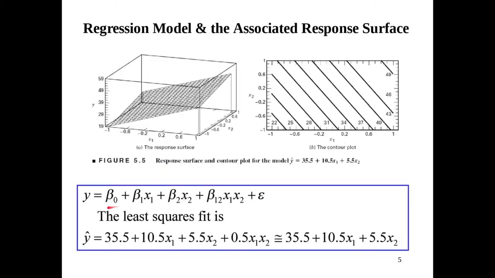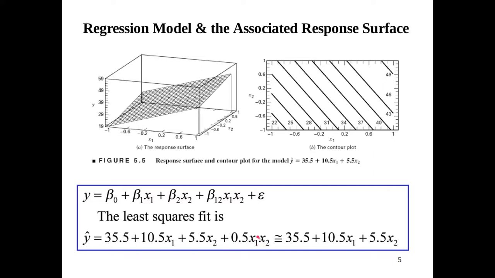Y is equal to beta 0 plus beta 1 x1, where x1 is factor A, plus beta 2 x2, factor B, plus beta 12 x1 x2, the interaction effect, plus epsilon, which is the error. And when we use the least squares fit, the expected value of response variable, y hat, is equal to 35.5 plus 10.5 x1 plus 5.5 x2 plus 0.5 x1 x2.